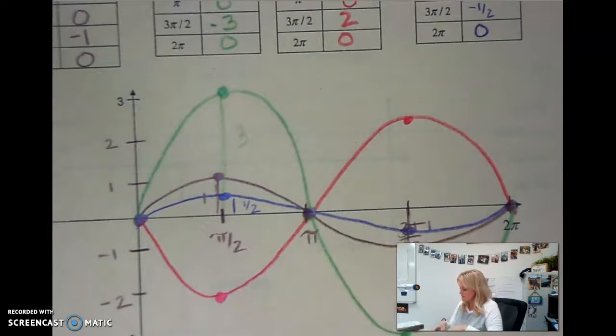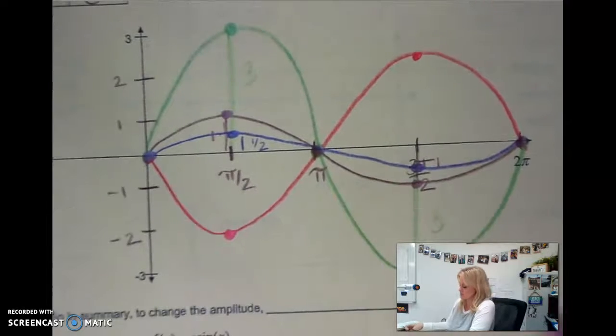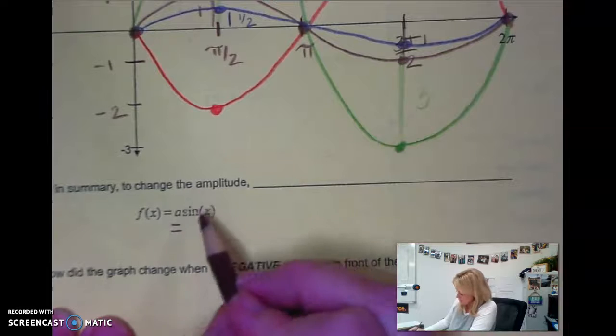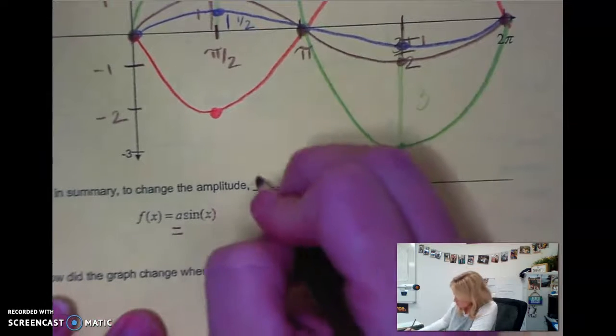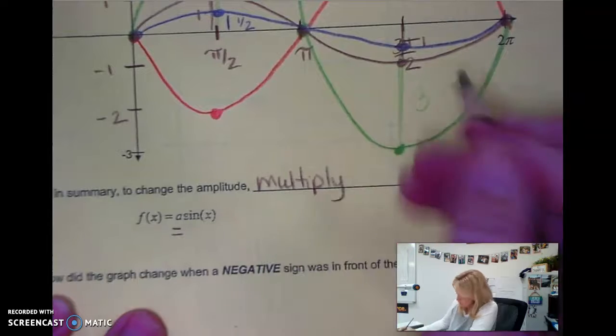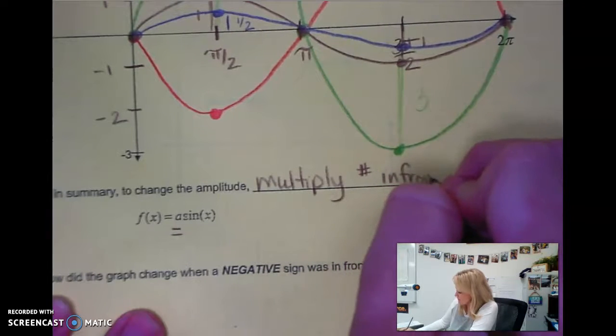So what does adding an a in front of the function actually do? To change the amplitude, we multiply by a number in front of the function.